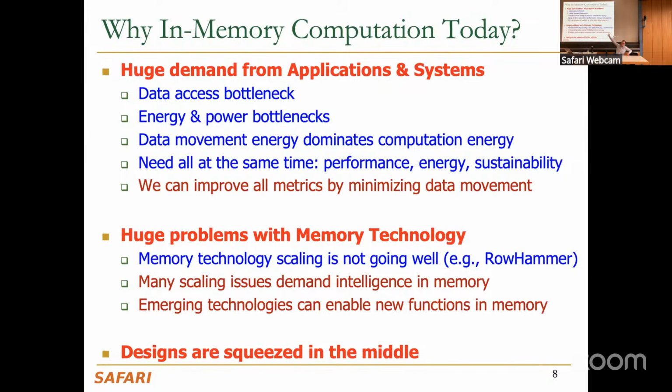And we've already seen the effect of energy and power and data movement energy dominating computation energy in multiple ways. And today also, we need performance, energy, and sustainability all at the same time. So in 1960s, nobody cared about sustainability. People who were talking about climate at that time were, let's say, maybe they were being poked fun at. They're still being poked fun at by some people who don't understand science, but that happens essentially.